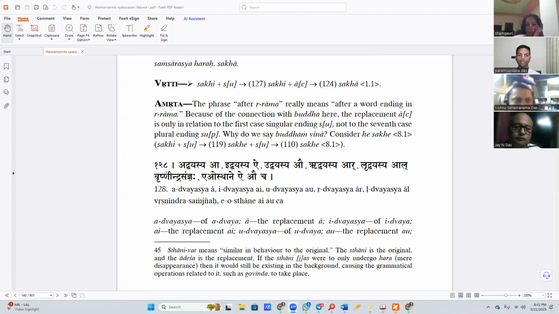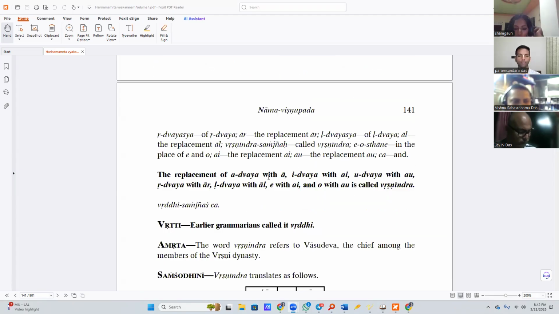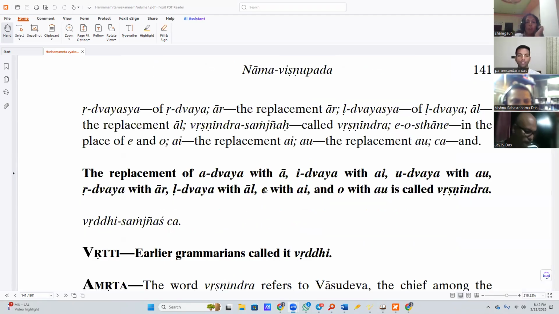The changes are different. So Advaise A, Idvaise I, Udvaise O, Ridvaise R, Ridvaise Al, Vrishnendra Sangya: Eo, Sthane I, Aucha, which means the replacement of Advaya with A, Idvaya with I, Udvaya with O, Ridvaya with R, Ridvaya with Al, A with I, and O with O is called Vrishnendra.